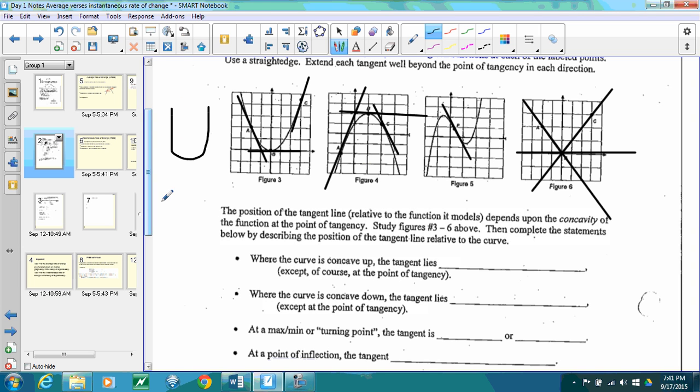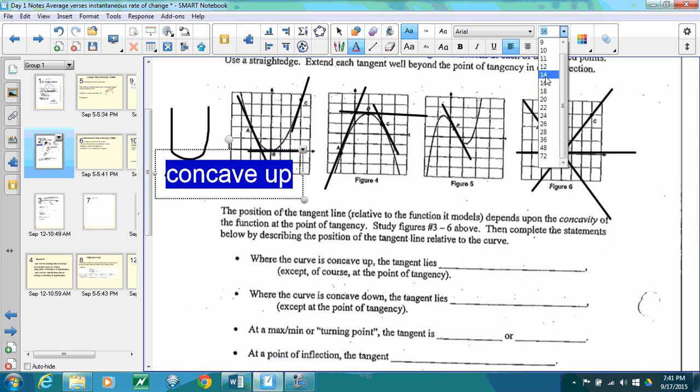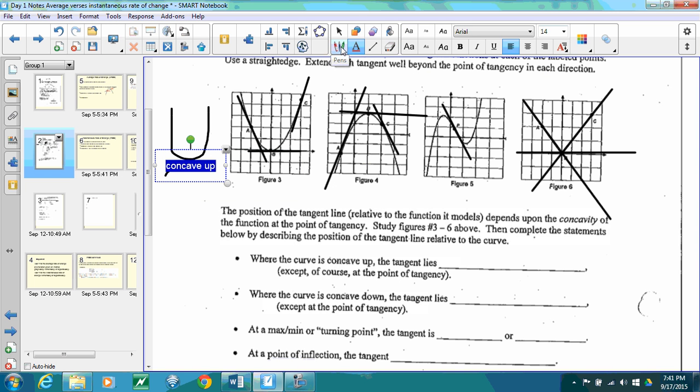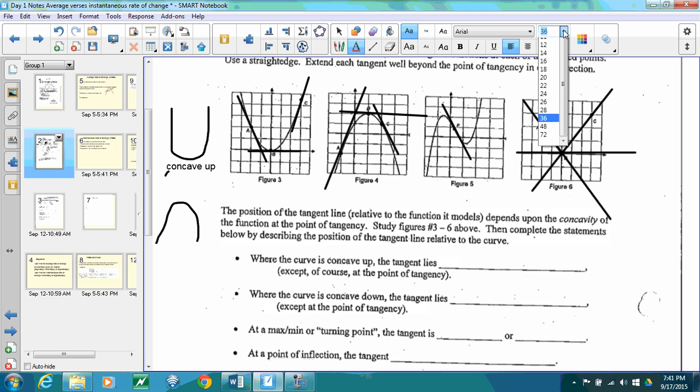If it's curved up like this, we say it's concave up. And if it is curved down like this, we say that it is concave down. Those are two terms we're going to use a lot this year, so we need to make sure that we know those.